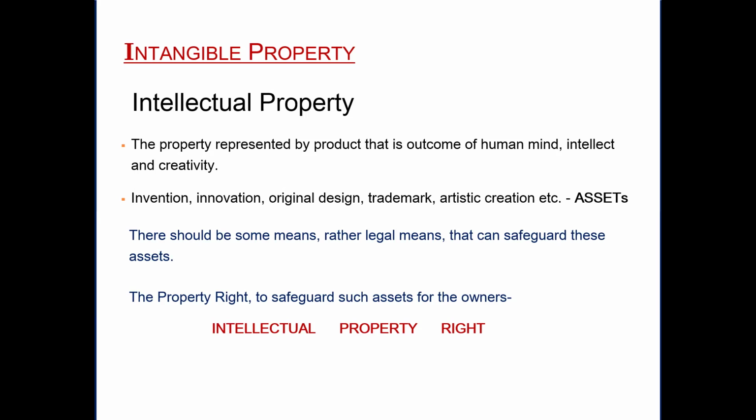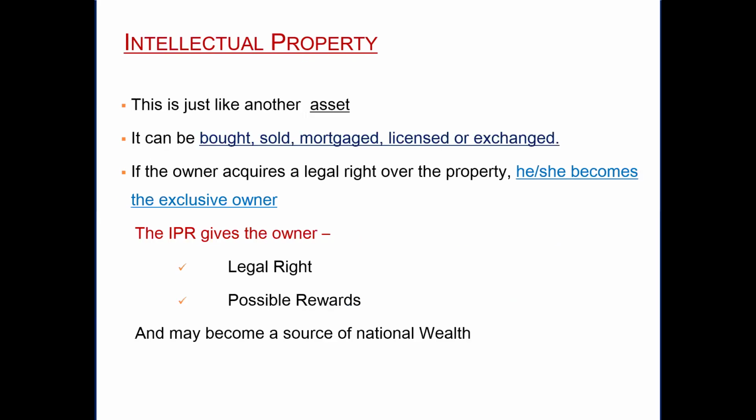Now you can see that, as I have already discussed a bit, intellectual property is just like another asset. You can sell it, you can purchase it from a different person, you can mortgage it for taking a loan, you can take a license for such a right, or you can give a license to somebody to use your right, or you can even exchange that, right?